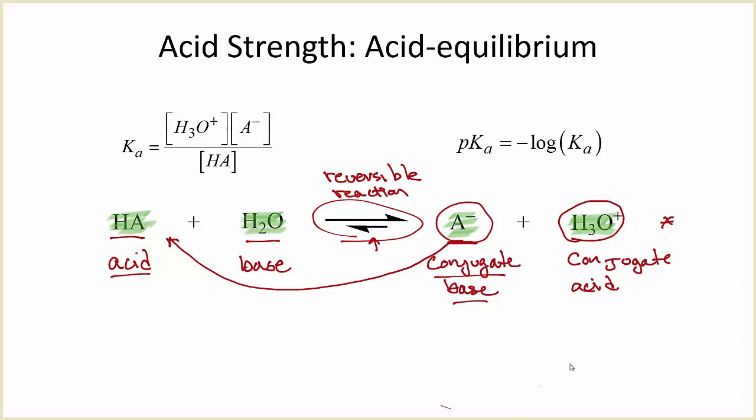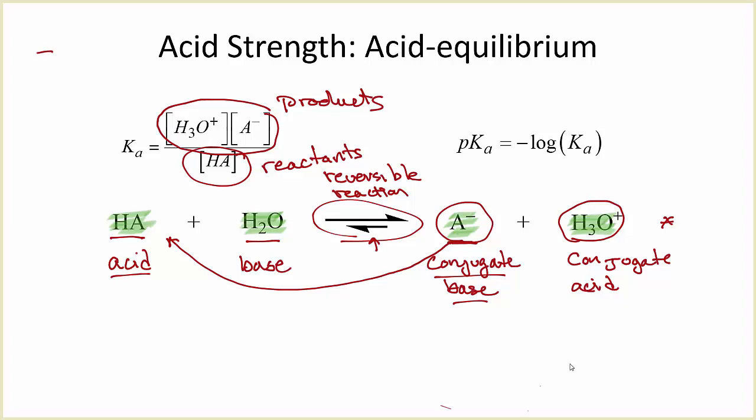Now, we can write something called an equilibrium constant. It's not that important that you get hung up about writing equilibrium constants in this class. But notice that those are the products, and down here we have the reactants. The brackets refer to the molarity or concentration.